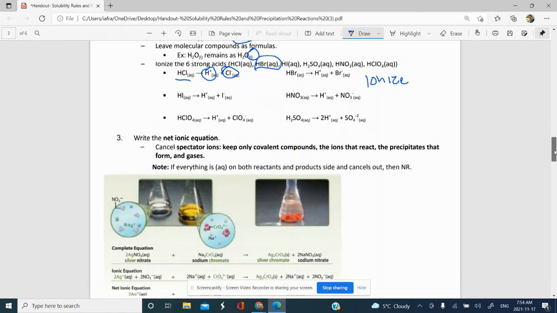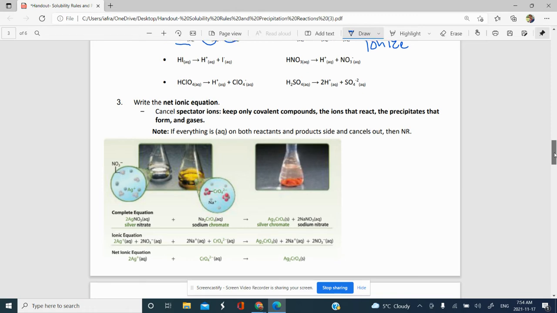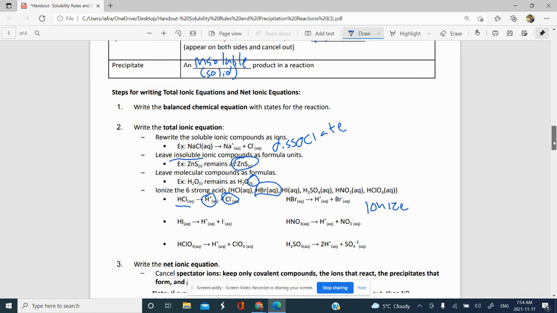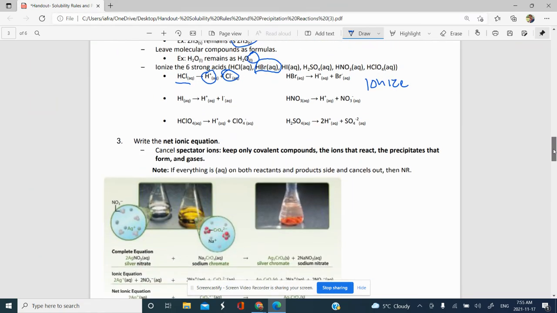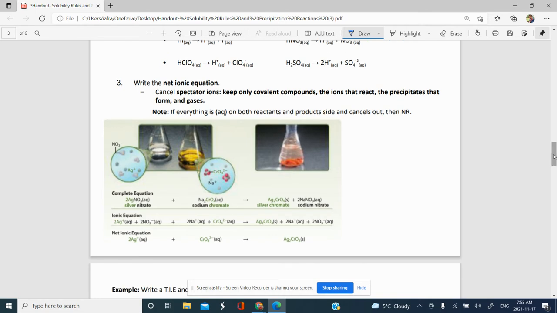So let's go ahead and see how all this applies and how we can do some examples of net ionic equations. So these are the main steps: write a balanced equation, write a total ionic equation using the rules of dissociation and ionization, cancel out the spectator ions, and then you have your net ionic equation. If you see that everything cancels out, in other words, everything is a spectator ion, it means no reaction.